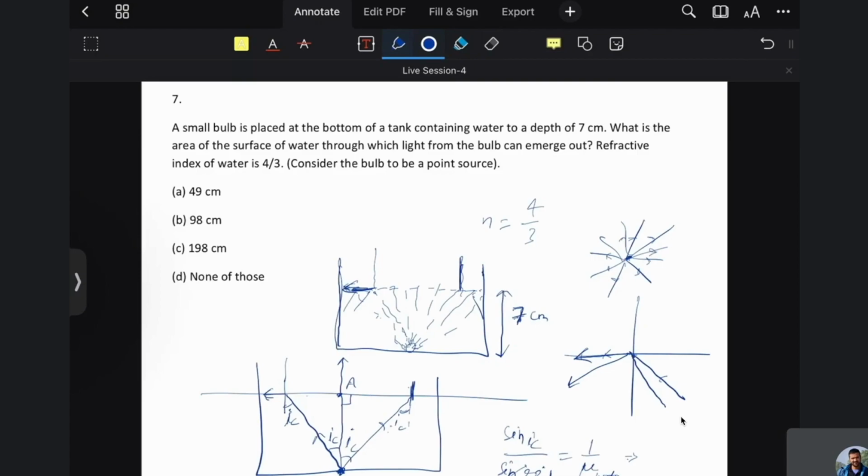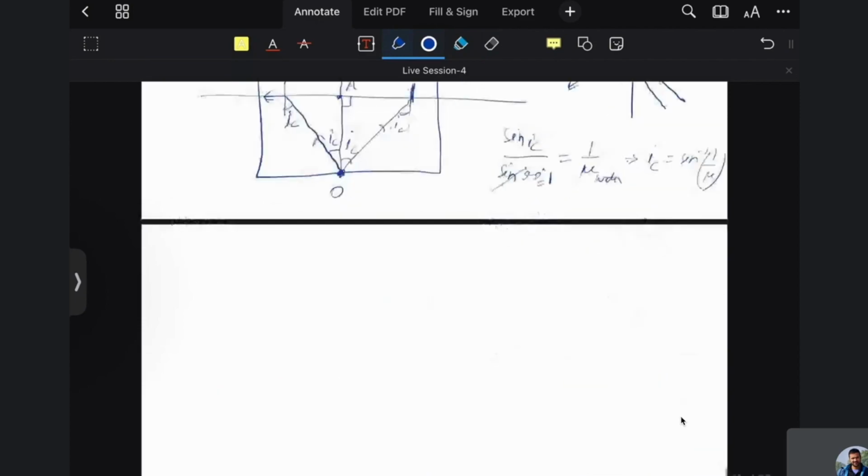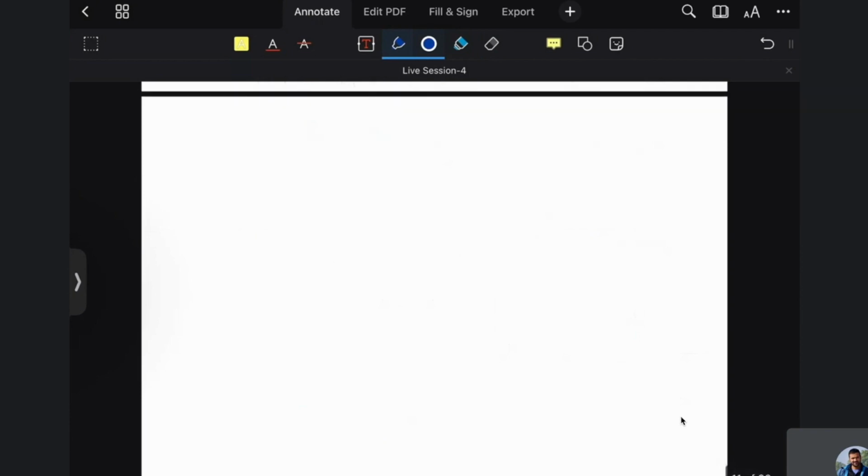So IC will be sine inverse of 1 by mu. We know mu is given as 4 by 3. Okay, let's leave it there.